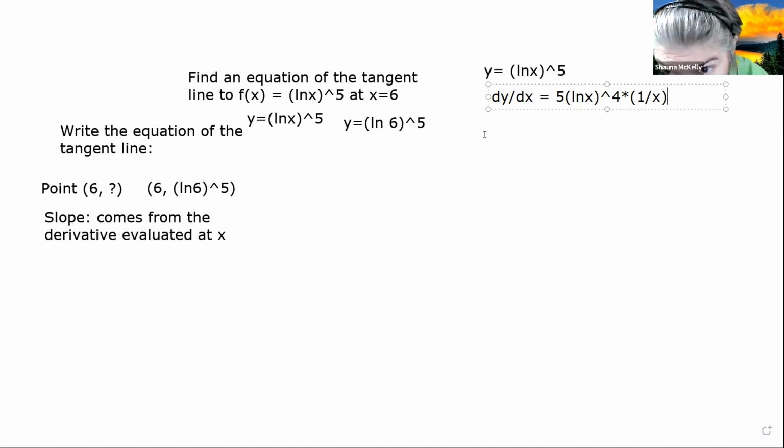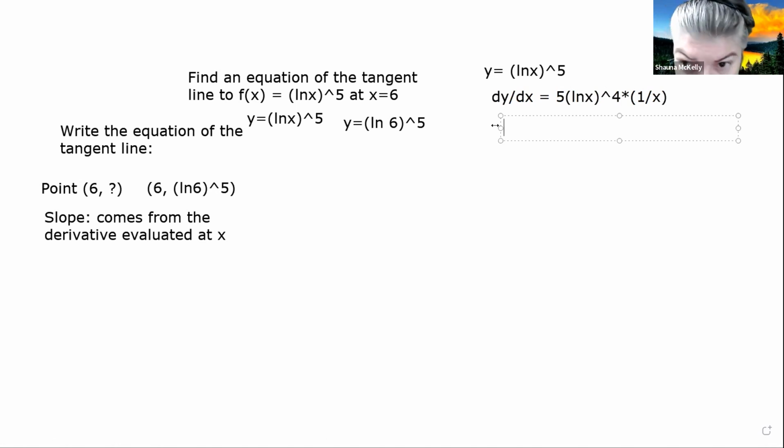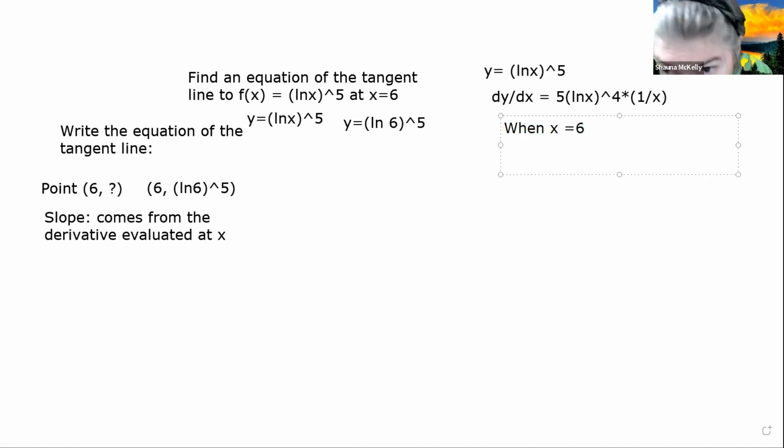That's my derivative. Now, that was not where we had a problem. We're going to plug this in at 6. So when x equals 6, we get 5 natural log of 6 raised to the 4th times 1 over 6.